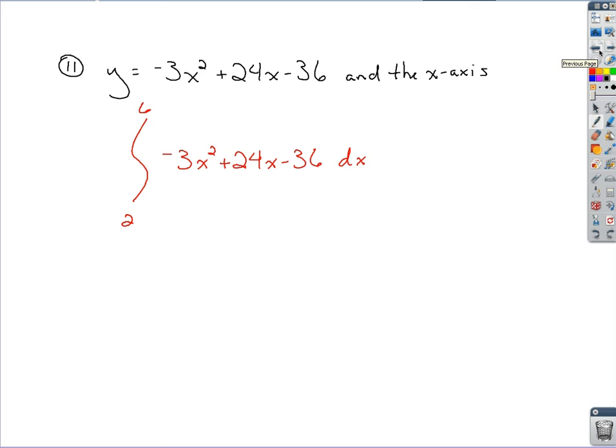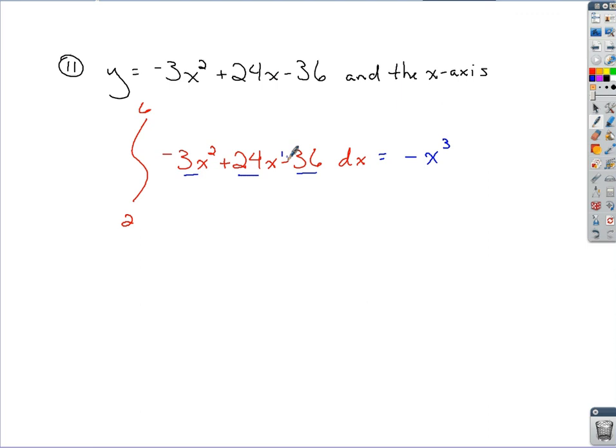Once we establish that, this is the problem we've got to evaluate. So we know to evaluate this, we take the antiderivative of each respective term. Add 1 to my power here, get 3. Reciprocal of 1/3 gets multiplied to the -3 in front, giving me -1.